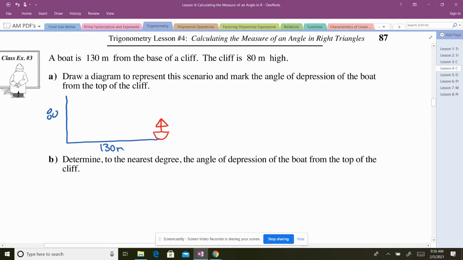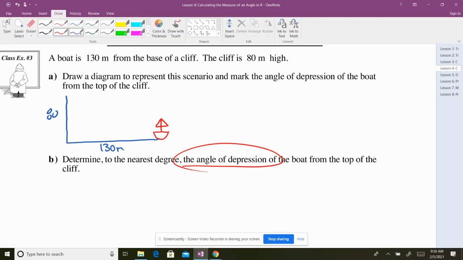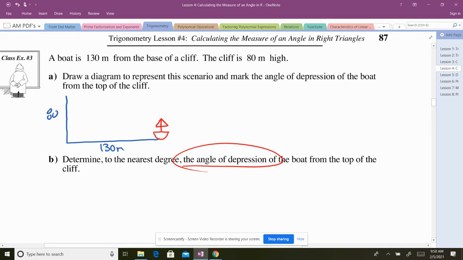So we got that. Okay, determine to the nearest degree the angle of depression. What are we trying to do? What shape do we always have to have? Triangles. We have to draw a triangle. Where am I drawing my line? Yeah, from the top of the cliff down to the boat. Boom. There's our triangle. I want to know the angle of depression. But what did I say at the beginning about angle of depression and angle of elevation?